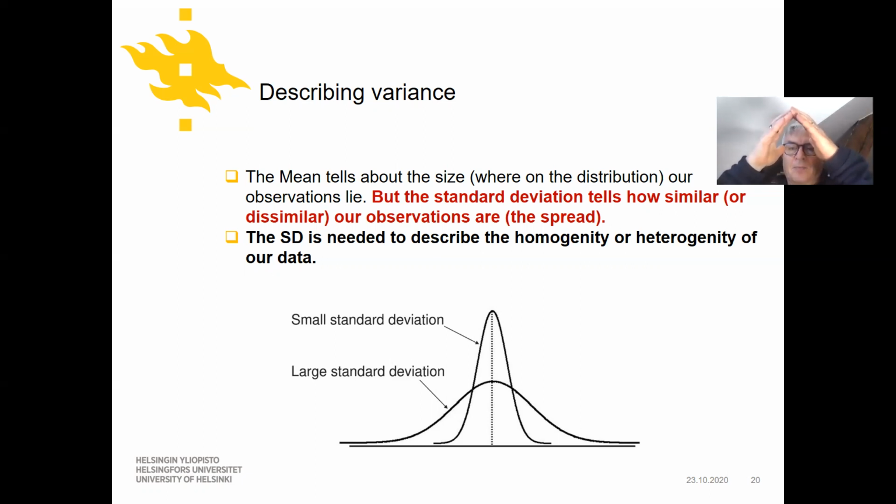So again, here you have a very homogeneous, everybody is the same, and a more heterogeneous, everybody is more or less different. You could even have a situation where, instead of the bump in the middle, you would have bumps on the side, and you would have a very great standard deviation or variance.